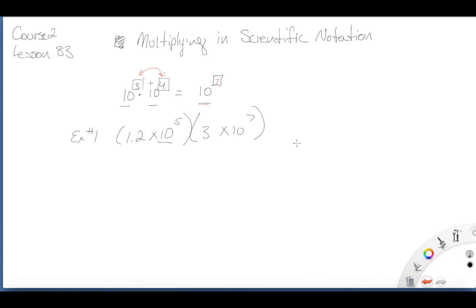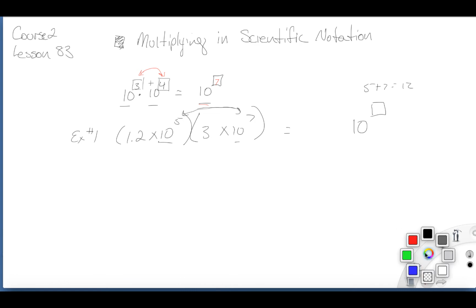Now what I like to do right away is, I know if I'm multiplying by a base of 10, my answer is going to be 10 to some power, so I put that up there. Now if I'm multiplying, I automatically know that these two exponents are being added, so 5 plus 7 equals 12. Let's just keep that number, because I don't know if that's quite going to be my answer.